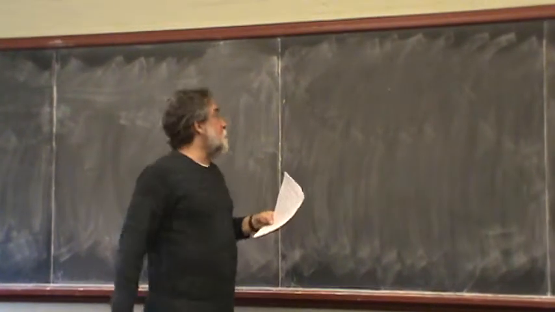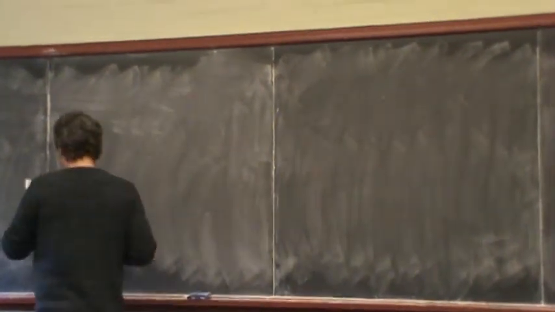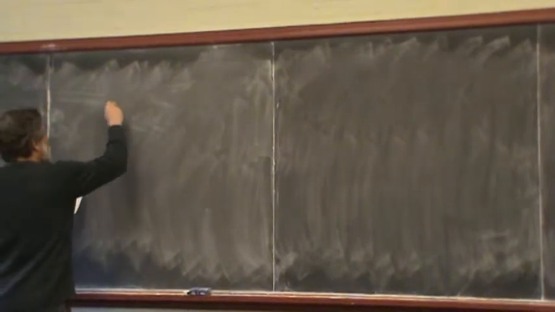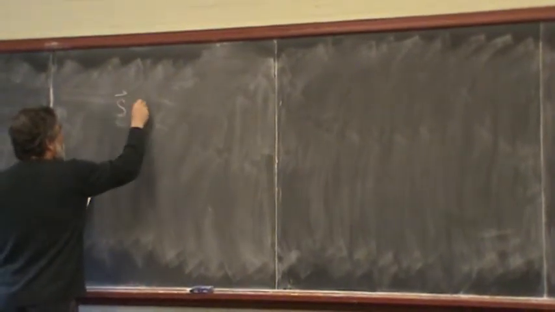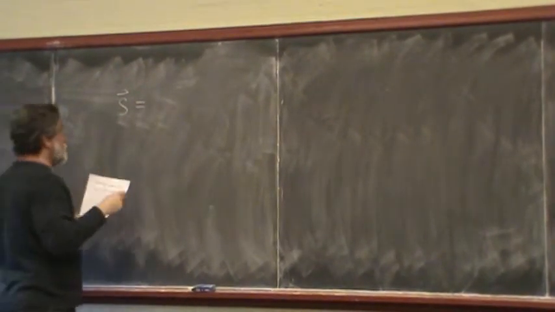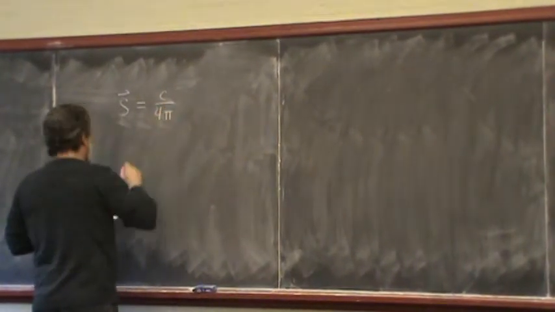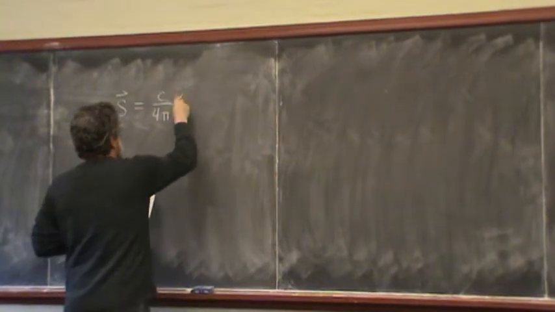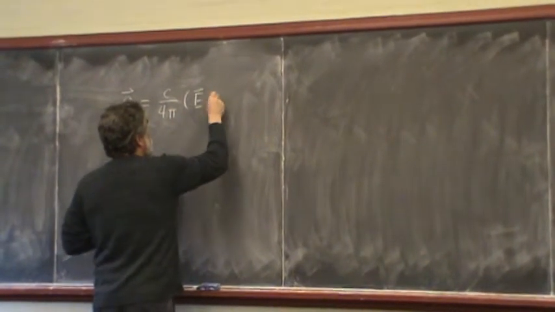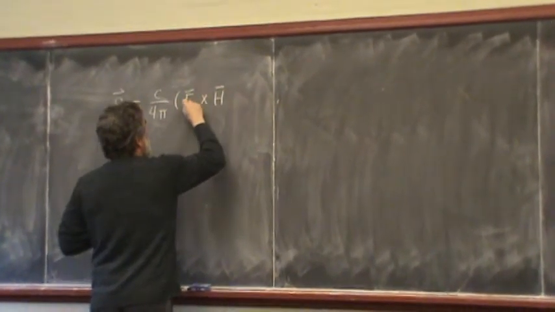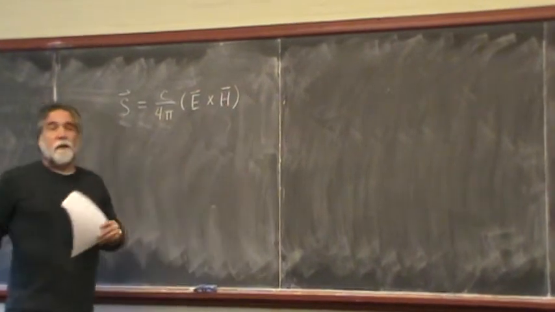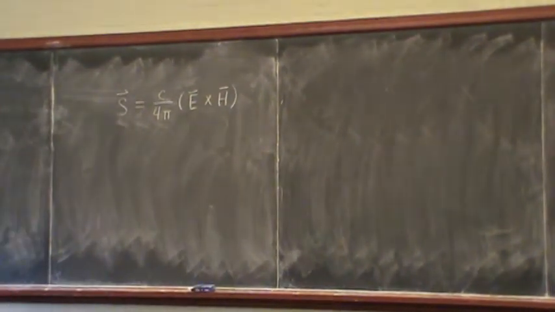Where I ended up, and I didn't write the final equation, was this. There's a quantity which we're going to define as the Poynting vector. Actually, I don't know who named it. It describes the energy flow in the fields, right?